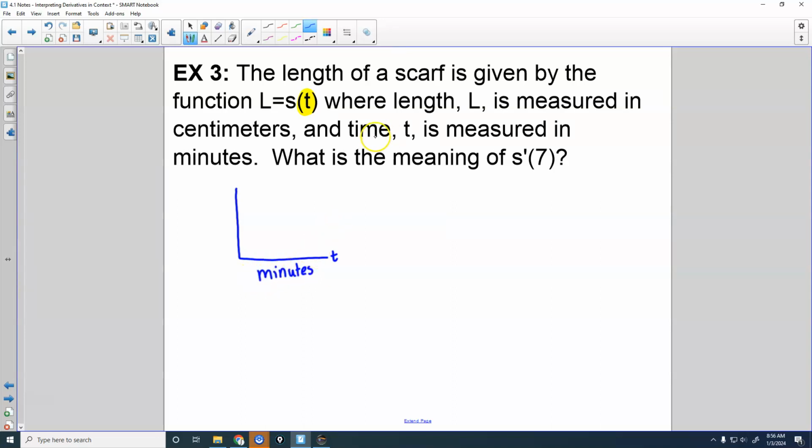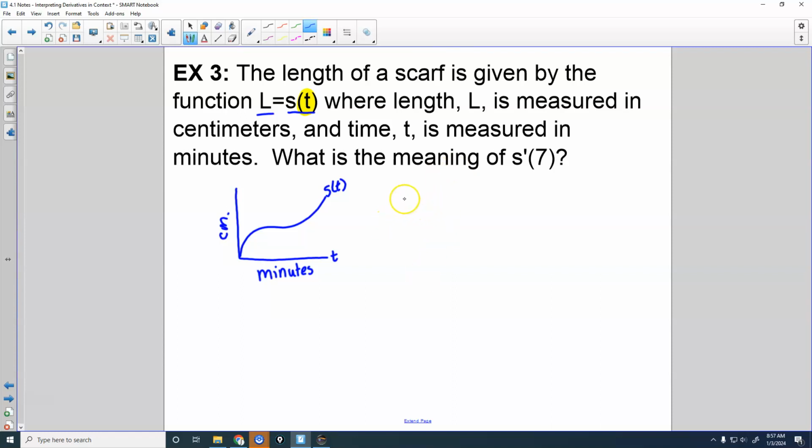Okay, centimeters is what our L is measured in, and L is the same as S of T. So whatever that graph looks like, that is measured in centimeters. All right. So units can help you so much on this.